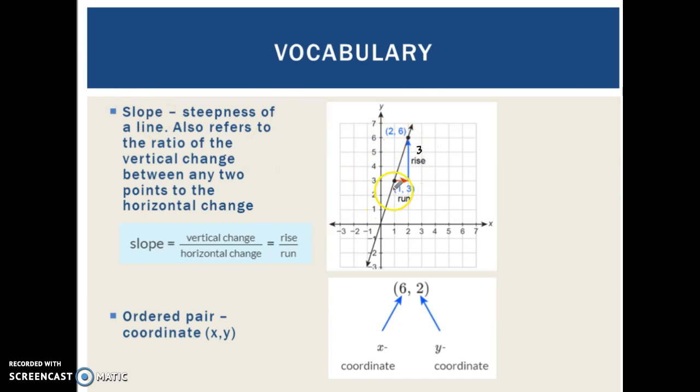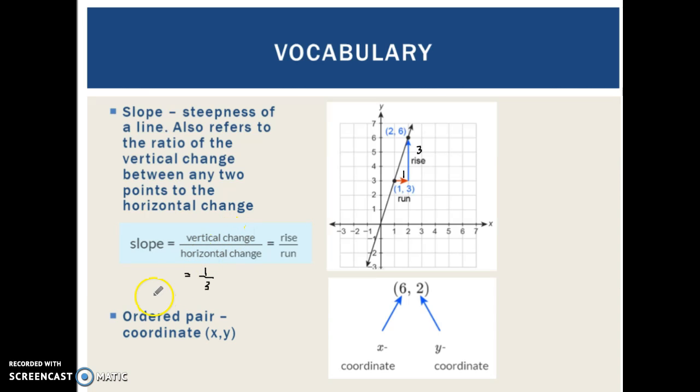And the horizontal change, from here to here, is a difference of 1. So we would write the slope of this line as 1/3. We're counting the vertical change over the horizontal change.